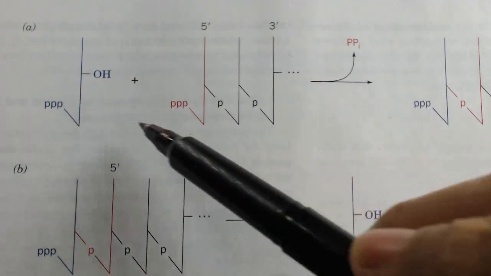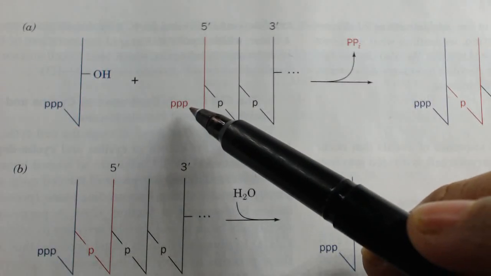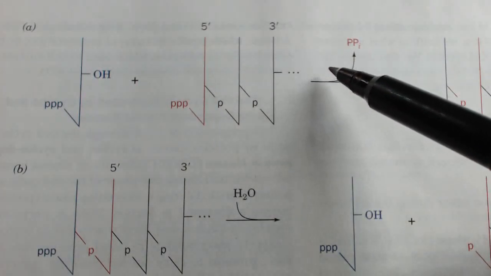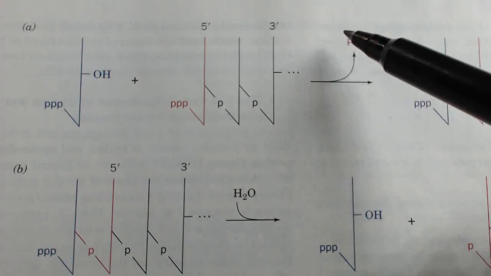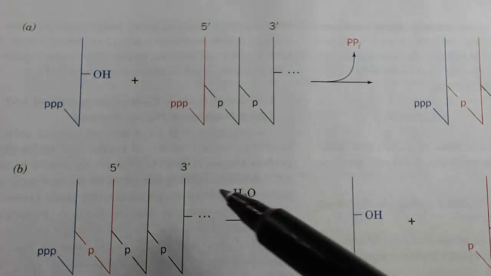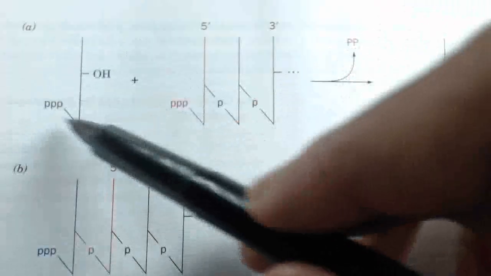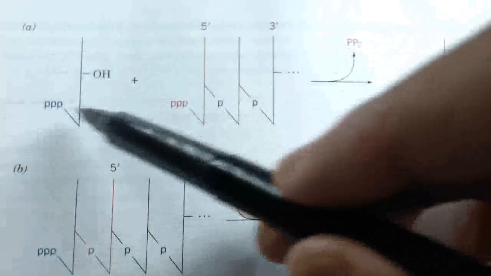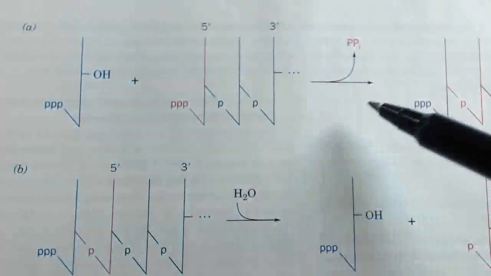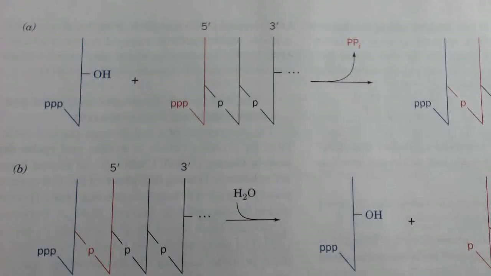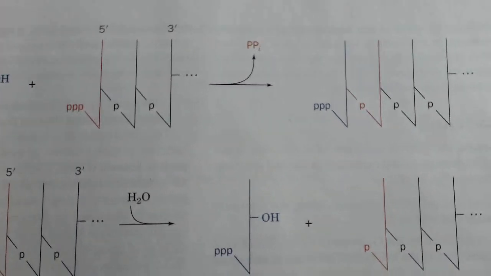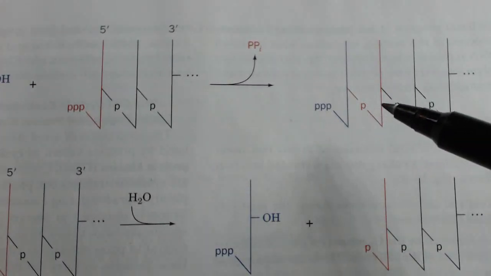So when the hydroxyl attacks this first phosphate, the other two phosphate groups are released as PPi, and as a result, the new dNTP, the nucleotide triphosphate, is added. They are added to the growing chain, and that's what we can see here.